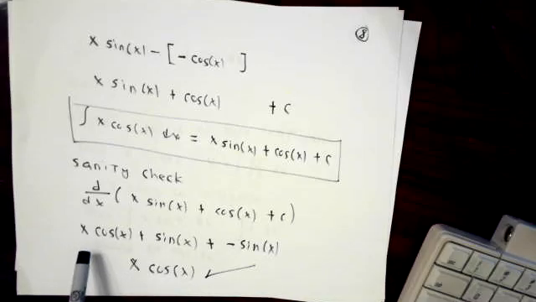It's the first function, x, times the derivative of sine x, which is cosine x, plus the derivative of x, which is 1, times sine x, plus the derivative of cosine x is negative sine x, and a miracle happens. The sine of x plus the negative of sine x cancels each other out. All that remains is x times cosine x. We see that our answer is right.